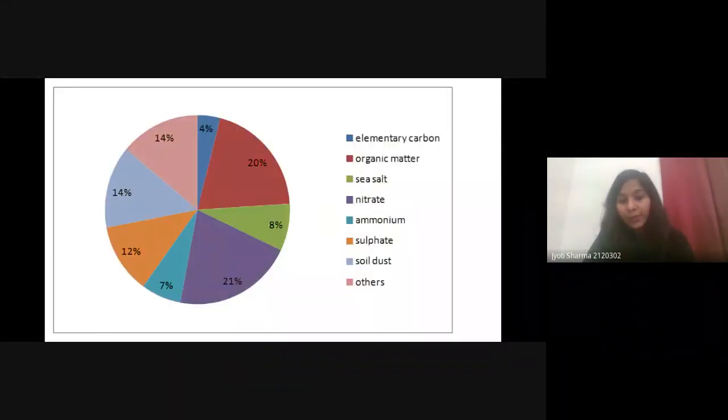At last, whenever we are doing chemical analysis, for example for particulate matter, you can generate information like how much elemental carbon, how much organic matter, and how much sea salt composition you have within that particulate matter. You will also have the chemical composition of particulate matter near the source. Then you can match and try to find out whether this particulate matter is related to that particular source or not.